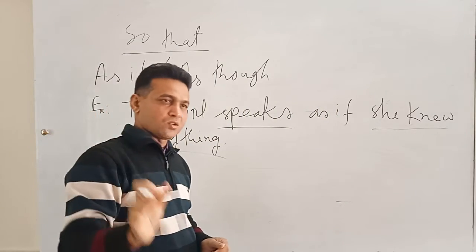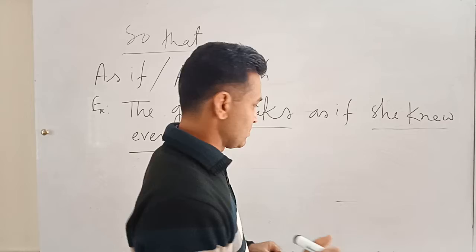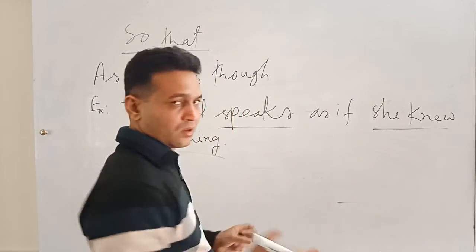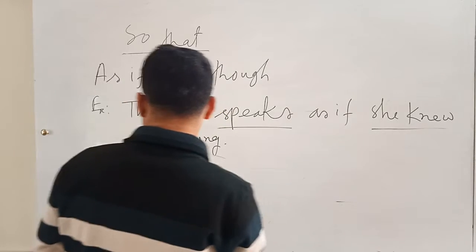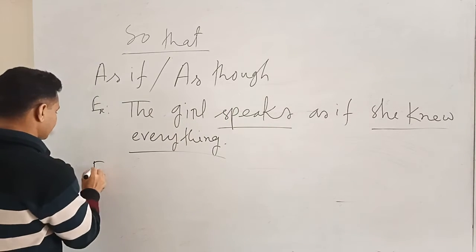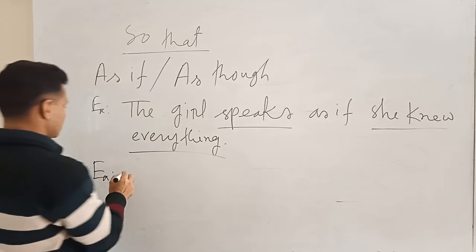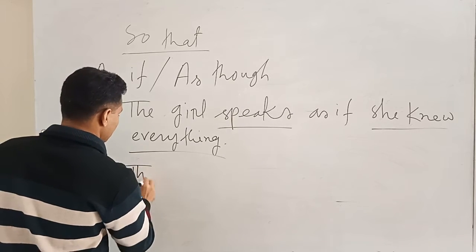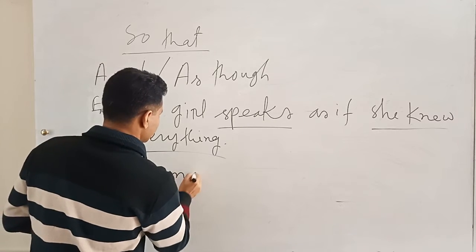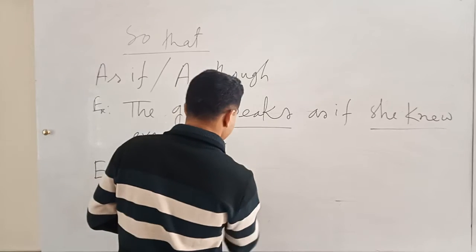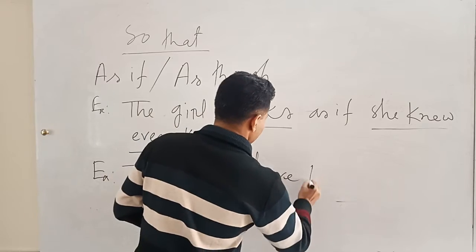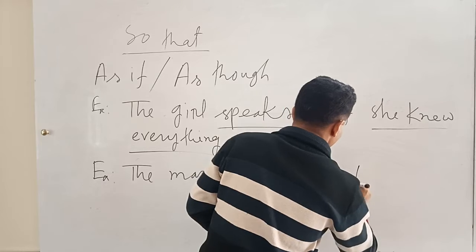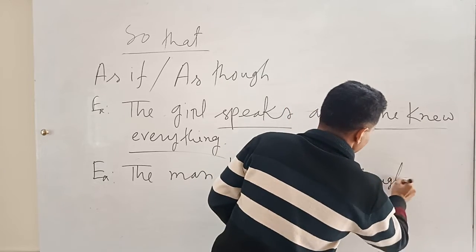What if the given clause is in past indefinite tense? Then the main clause will be in past perfect tense. If the subordinate clause is in past indefinite tense, the man behaved, the man behaved as though, I can use as though also.